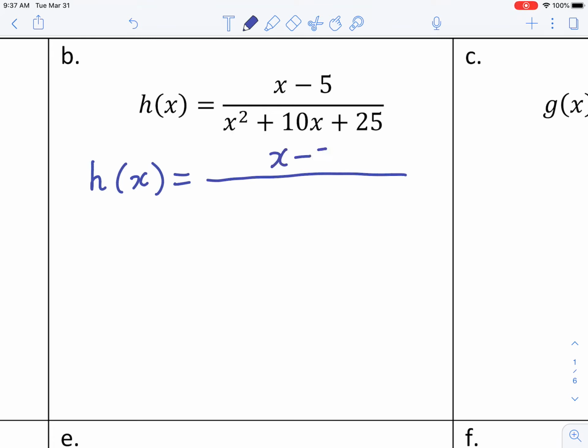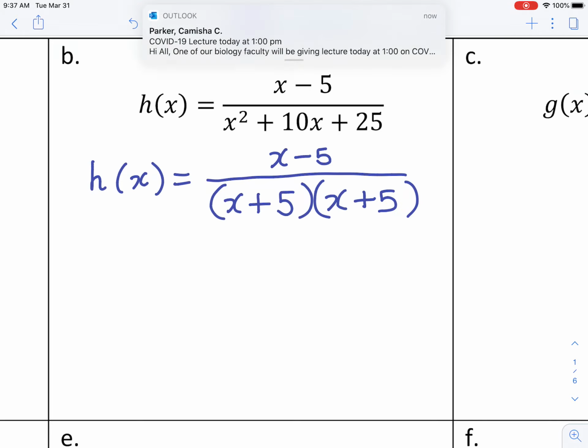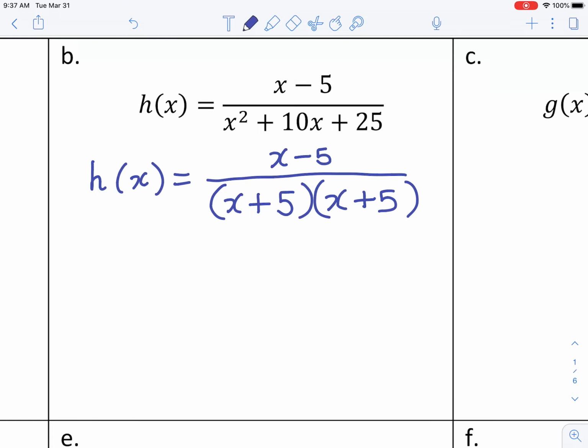The numerator is still x minus 5, but if you factor the denominator, you will get x and x. What times what gives you 25, but they add up to 10? It's got to be positive 5 and another positive 5, right? Now, does anything cancel out? No, nothing cancels out, right?